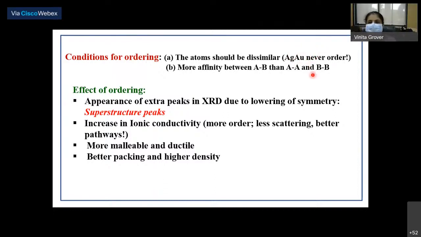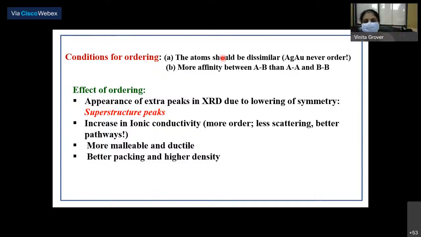Why? See, if they are similar, the interaction between silver and silver would be similar to silver and gold or gold and gold. Then what is the motivation for ordering? Why should I sit in a particular lattice site when I'm friends with both silver and gold? Okay. So the condition for ordering is that the atoms should be dissimilar, and that dissimilarity could be size or oxidation states.